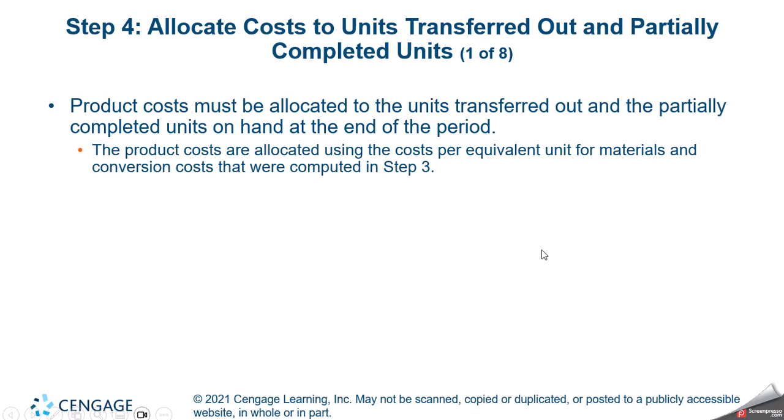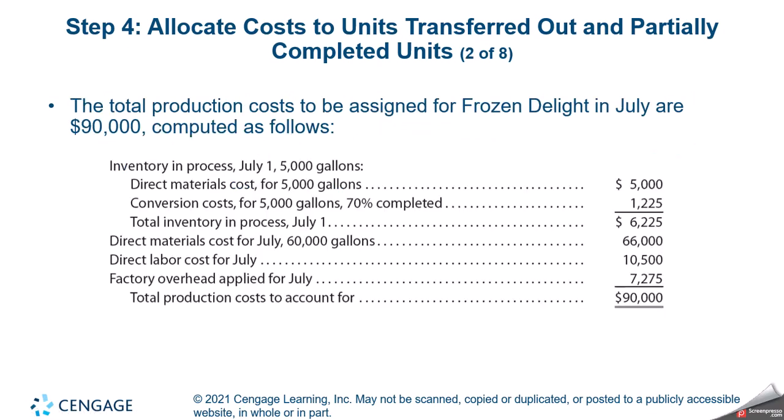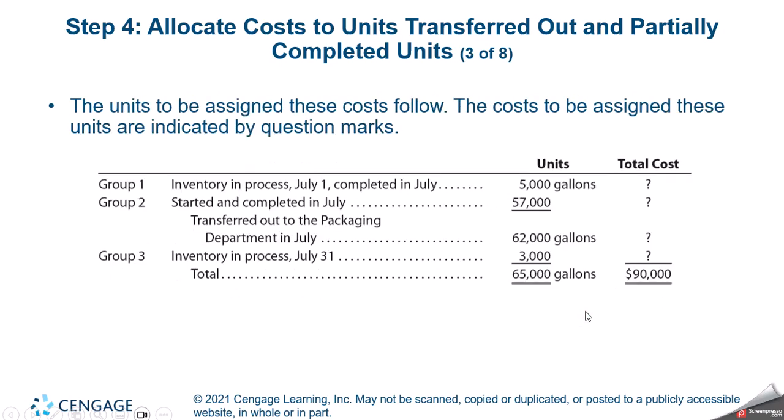And then now that we have that price per gallon, we're trying to allocate it out. So then we've got our direct materials for the 5,000 gallons. We've got conversion costs of 5,000 gallons, again, 70% completed. And then our direct material cost for the 60,000 gallons, and then our direct labor and our factory overhead applied. So these are our total production costs.